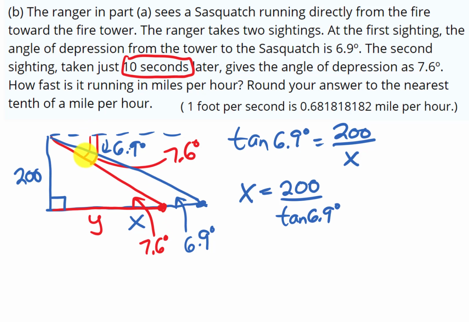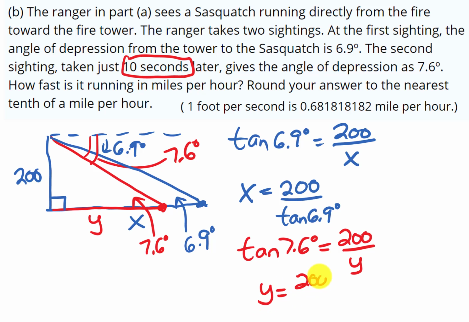And so we could do a similar thing to find Y. So we know the tangent of 7.6 degrees is going to be opposite, which is 200, over adjacent, which is Y. And then solving that for Y, we have Y equals 200 divided by tangent of 7.6 degrees. Now if we subtracted those two, we would have how far he ran. Do X minus Y. So let's go ahead and do that.